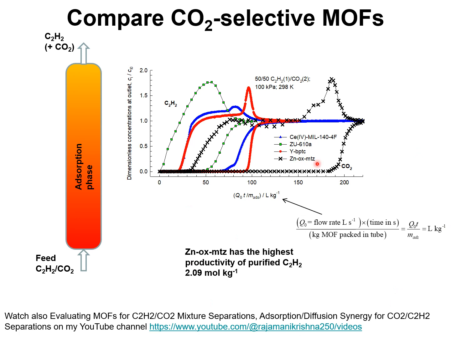And even a visual inspection of these breakthrough data curves would lead us to conclude that Zn-ox-mtz is the best MOF for producing purified C2H2 from 50-50 C2H2/CO2 mixtures. And the productivity of purified C2H2 is 2.09 moles per kilogram.